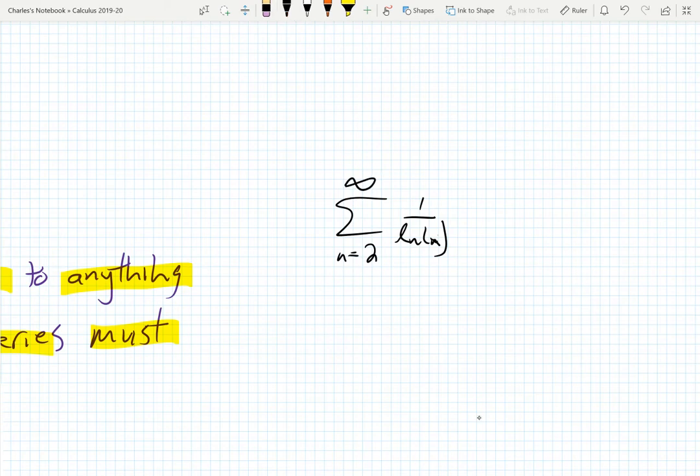What you might think is that the converse of the divergence test is true, but it's not. The converse would say if I have a sequence whose terms go to 0, then the series converges. However, this is the most common counterexample that I can think of.